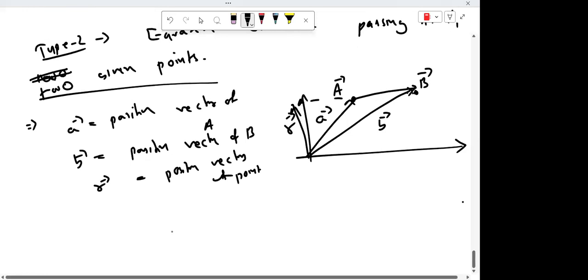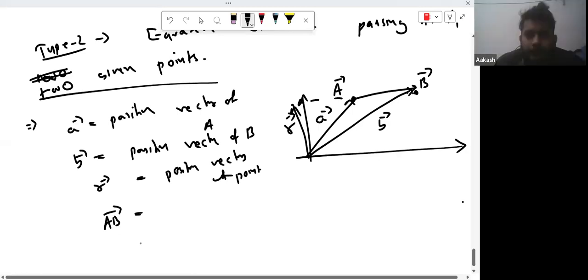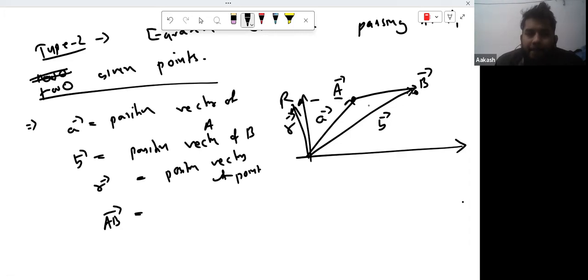Okay, here AB vector, can we find AB vector? Yes, sir. It will be B vector minus A vector, right?